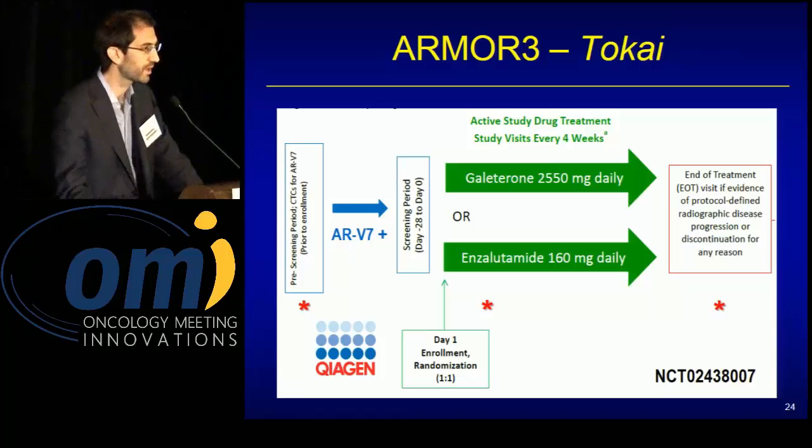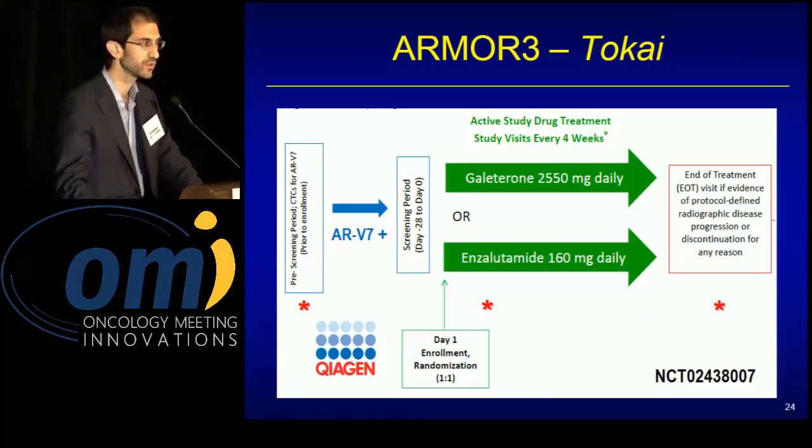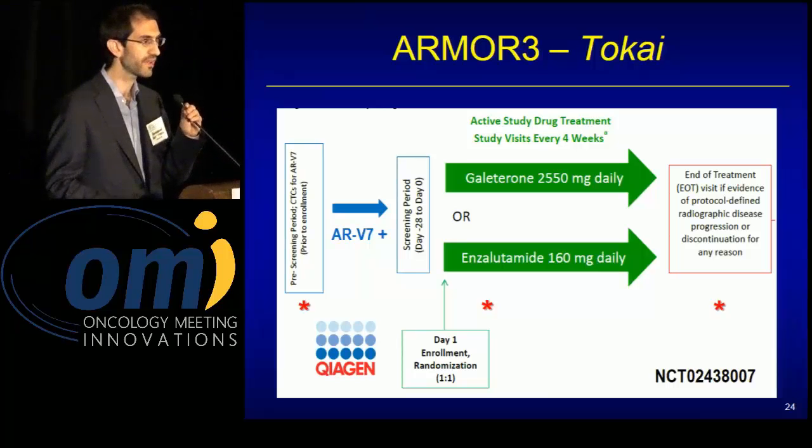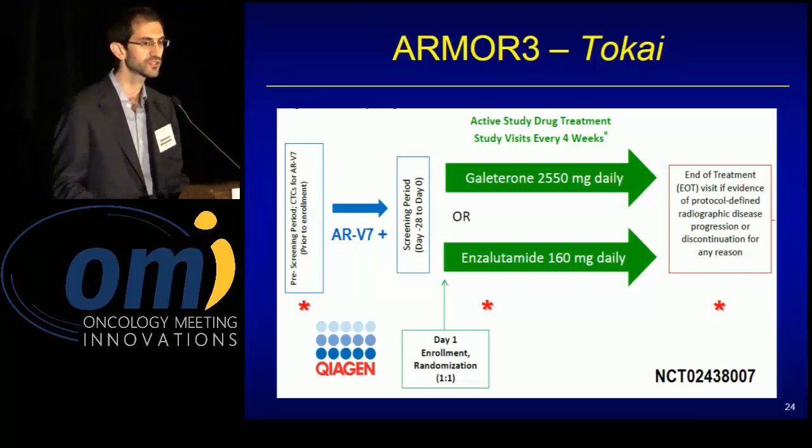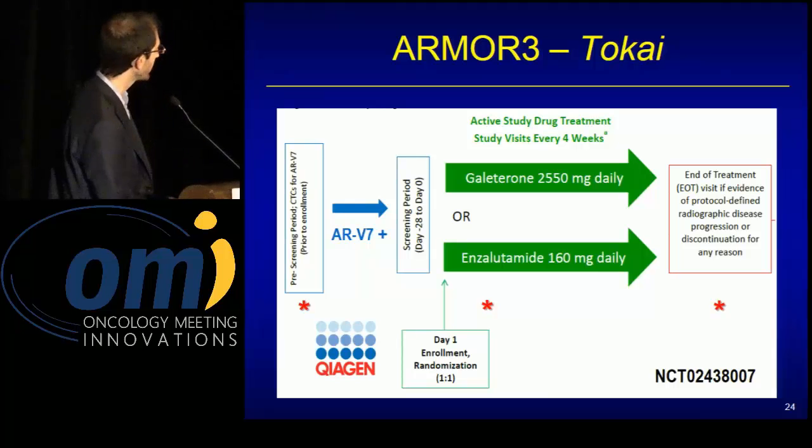If they have positive CTCs, and those CTCs are AR-V7 positive, they are then eligible for randomization. If they don't have CTCs, or they have CTCs which are AR-V7 negative, they're excluded. And then they're randomized 1-to-1 between galeterone and enzalutamide.